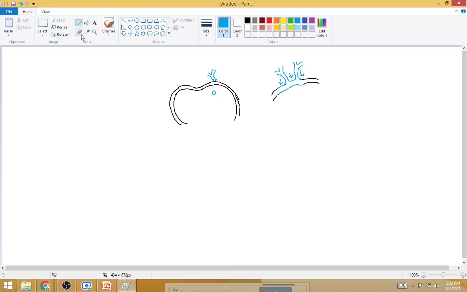What will happen then? We will get a picture something like this. So there are these veins opening, and soon what will happen?